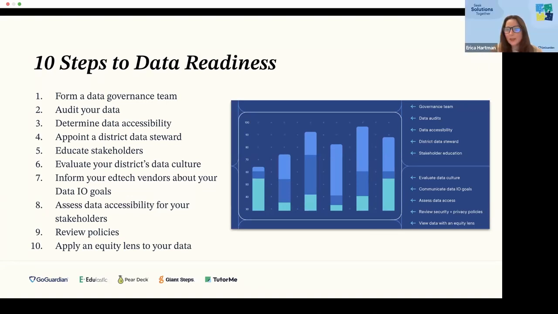I always try to start with connecting it to their real life. When you start talking about data interoperability or data IO, you kind of get like, oh, I don't want to talk about that. But I always say to people, think about places in your life where you have the highest amount of data interoperability in your own personal life. Where is it? Think about it. It's shopping, right? I could buy anything from Amazon. The click of a button, it can get here in 2 hours.